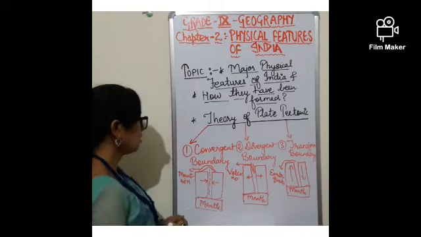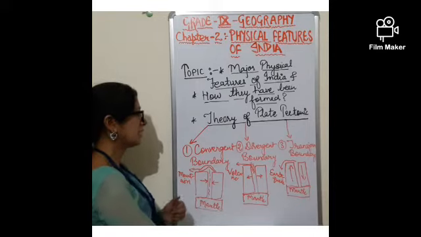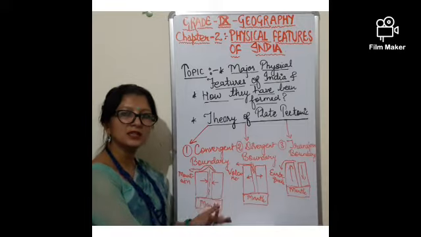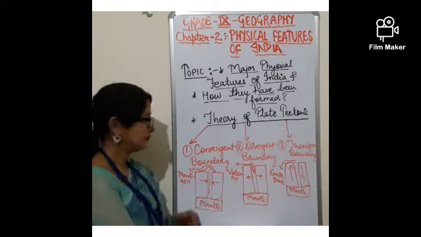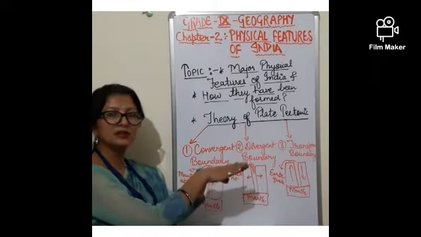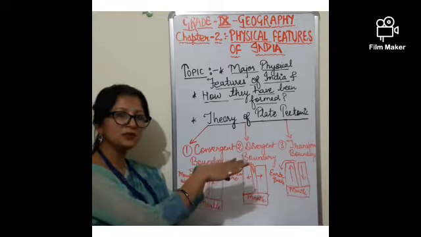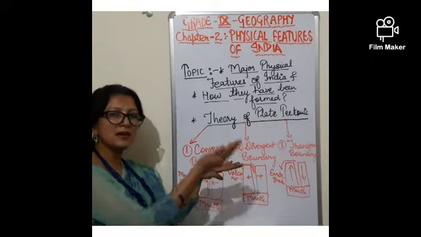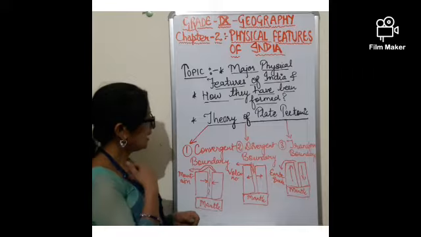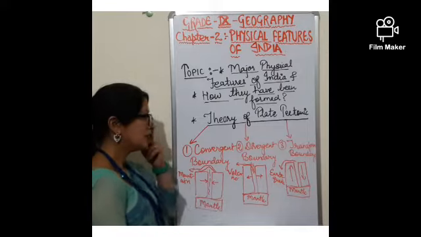So in this way we saw that convergent, divergent and transform create different activity along with the result of different landforms. Once again, let us see. In the convergent movement, the tectonic plates come to each other and ooze up a land mass from the mantle layer that is called a mountain. And now in the divergent movement, what happens?